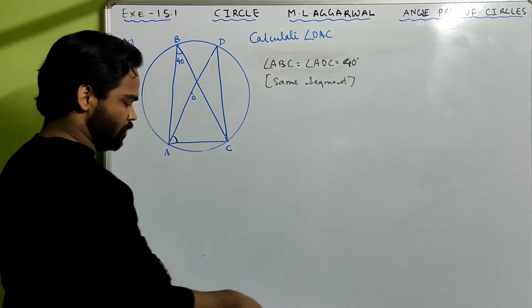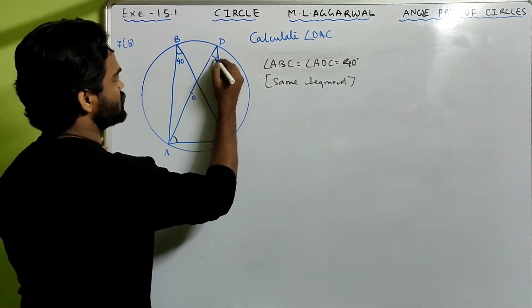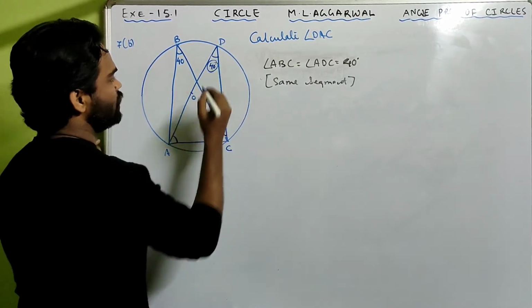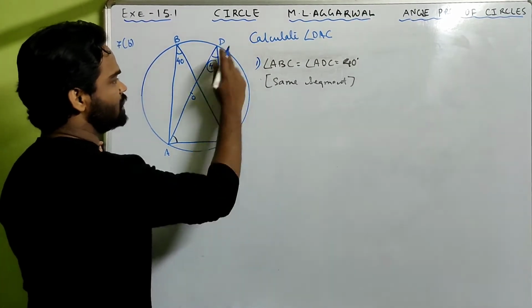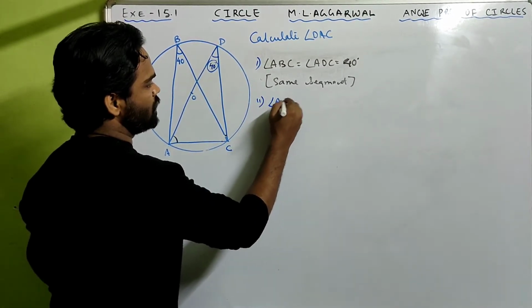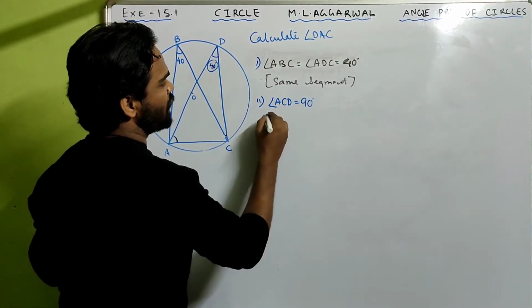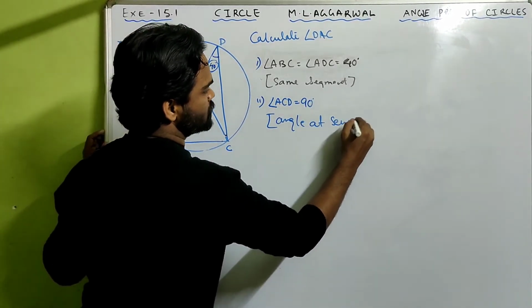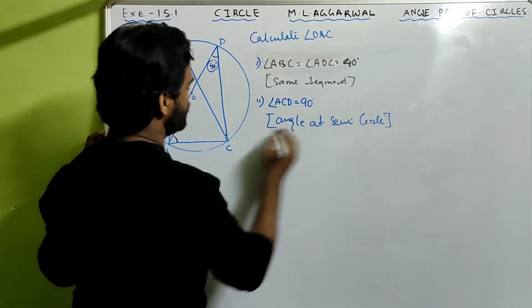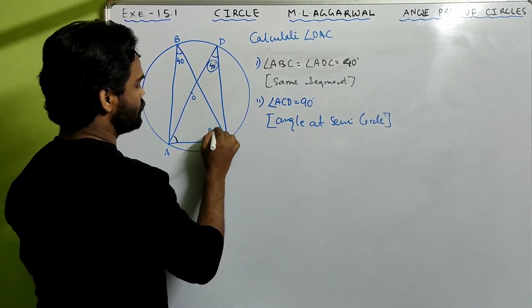Okay. Now, once you have this as 40 degrees, if you look carefully, AD is the diameter, which means angle ACD will be 90 degrees. Angle at semicircle, isn't it? So this is 90.